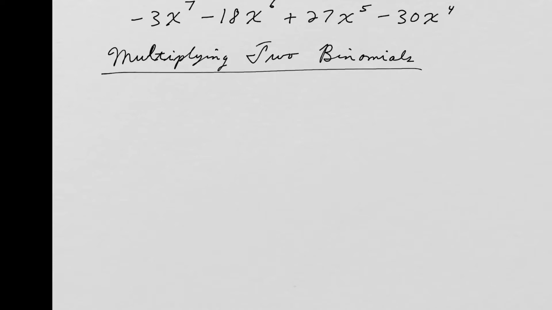So for example, let's say I have 5x minus 3. So that's one binomial, right? It's a polynomial with two terms. And I want to multiply it by another binomial, say 2x plus 1.